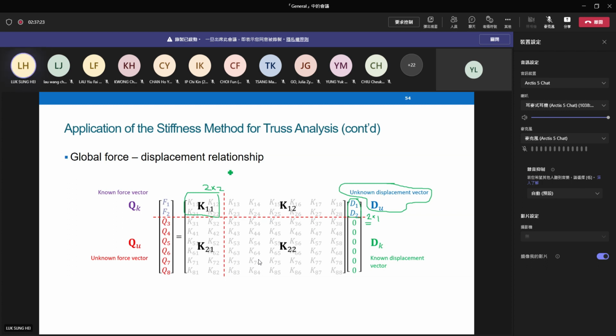If you have 2 unknown displacements, then K11 should be a 2 by 2 matrix. If you have 4 unknown displacements, then K11 should be a 4 by 4 matrix. The size depends on the unknown displacement. This cutting depends on how you arrange your free body diagrams.